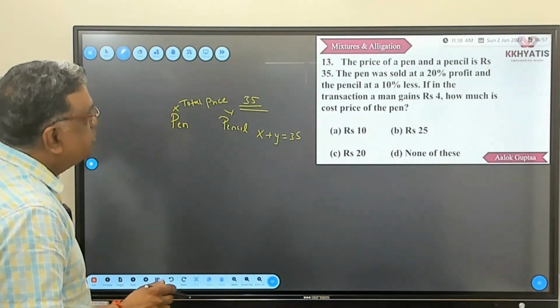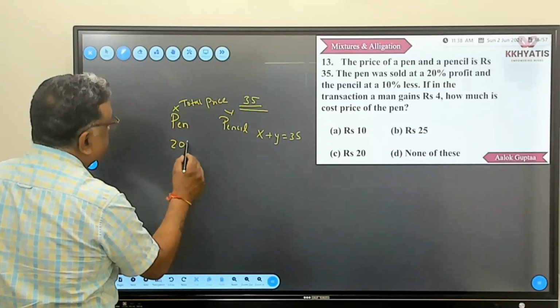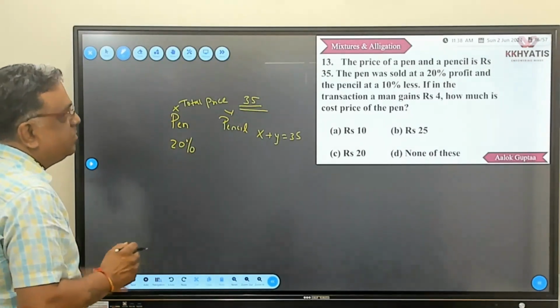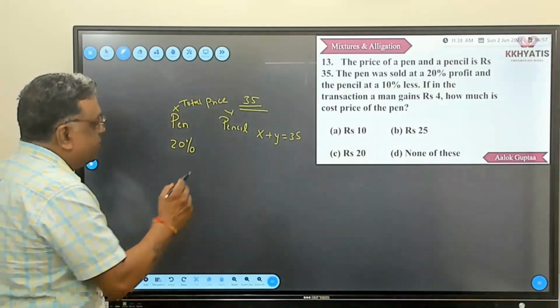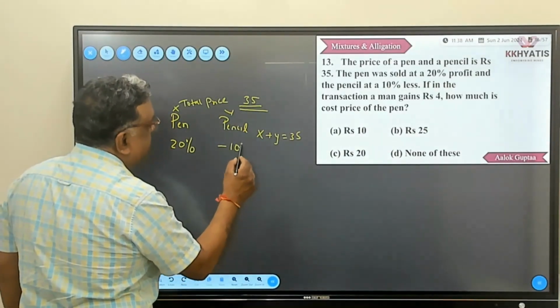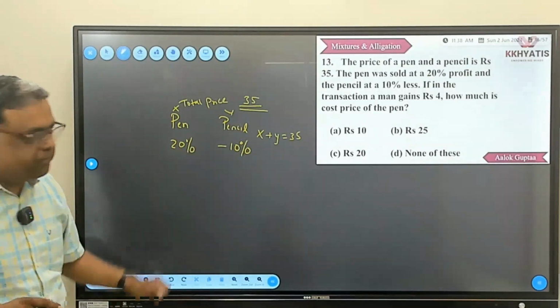The pen was sold at 20% profit. And pencil was sold at 10% loss. So since there's a loss here, I'm going to take it as minus 10%. Right? Because that effect has to come.